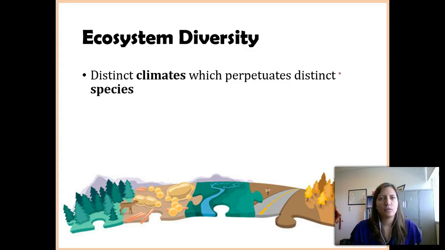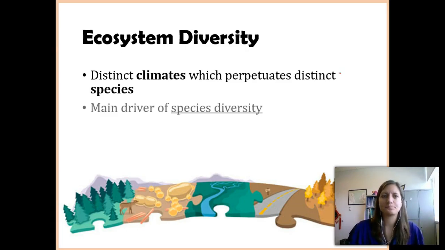So climate is really affecting our ecosystems and the diversity of ecosystems. Those ecosystems dictate what species are there. A polar bear can't live in the desert. A cactus can't live in a tropical rainforest. So these ecosystems are actually really important for breeding, so to speak, species biodiversity.